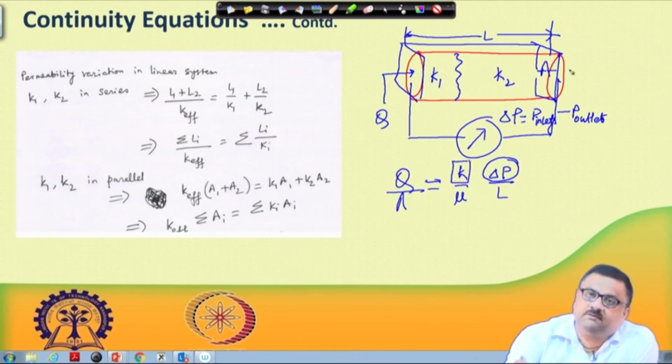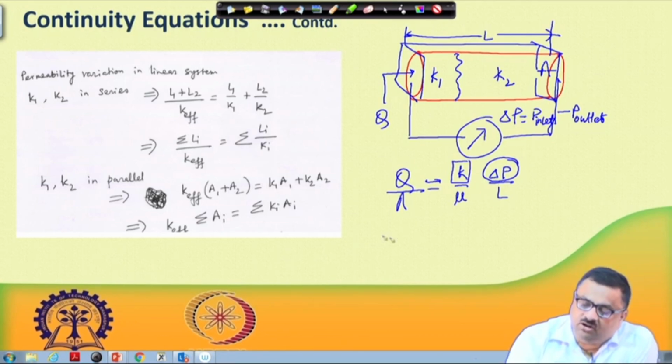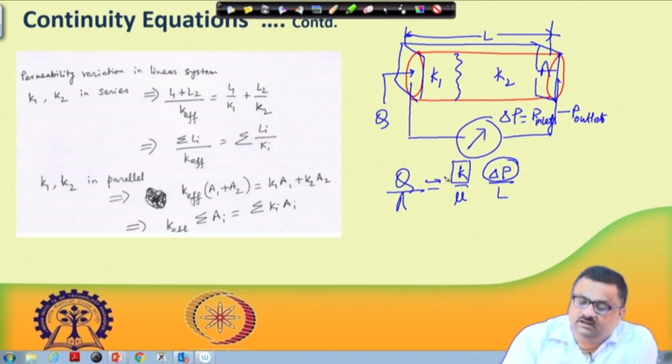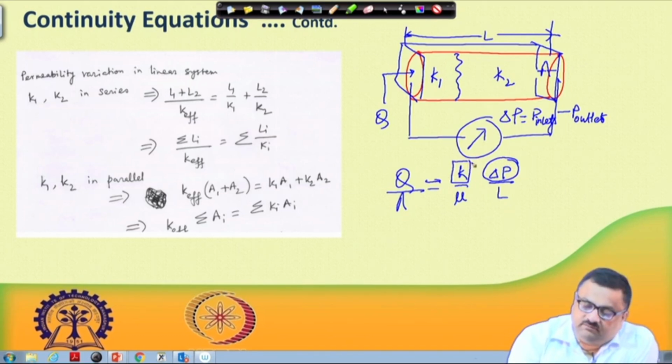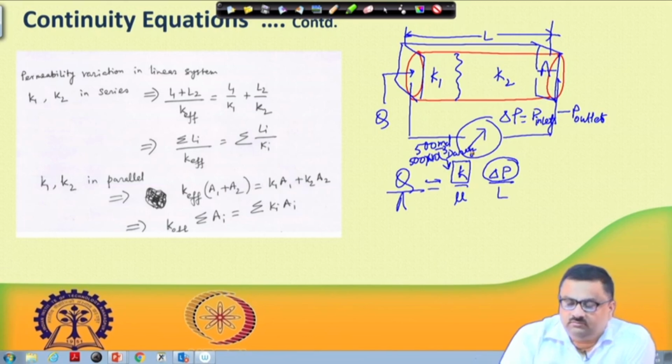Had it been a single permeability setup, we could have used Darcy's law to find out the delta P, provided I give you a permeability of, let us say, 500 milli Darcy, that means 500 into 10 to the power minus 3 Darcy.